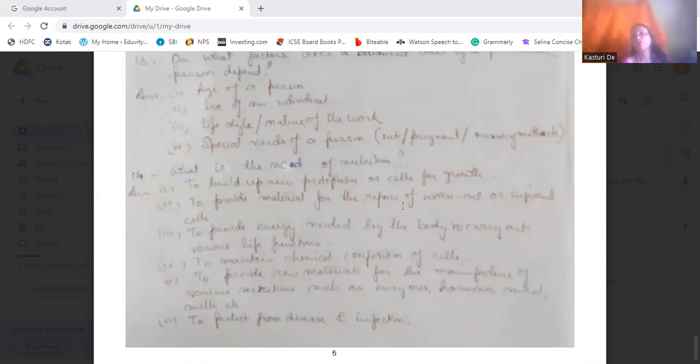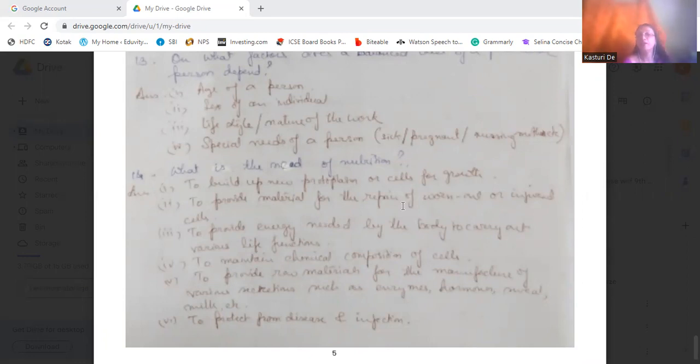It provides energy needed for the body to carry out various life functions, to run the various life processes. Nutrition provides energy.